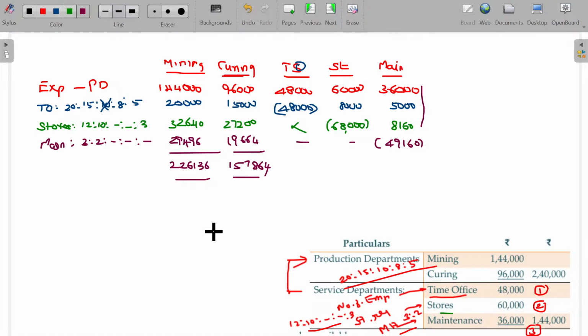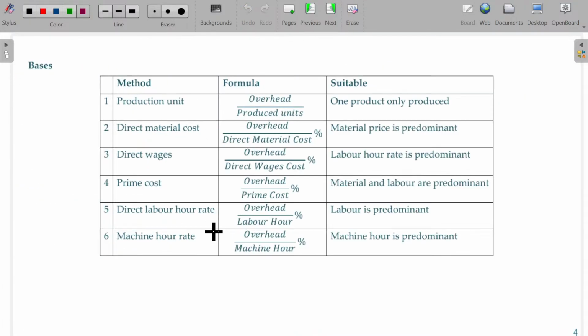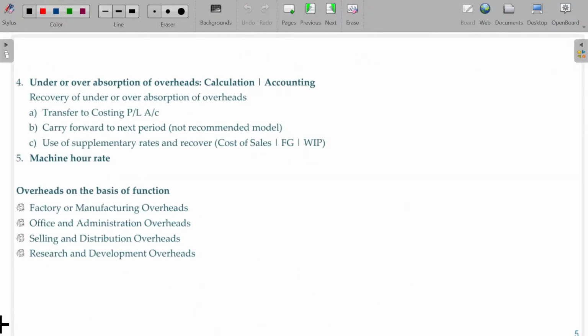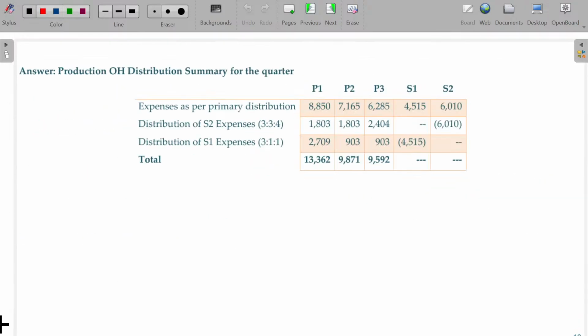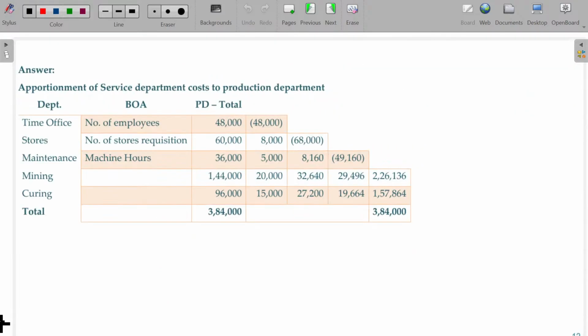Now, so here we have completed which method? Step or ladder method also. Okay. See, under secondary distribution, you can follow one of the methods prescribed here. To make you understand the step, I have redrafted this way.